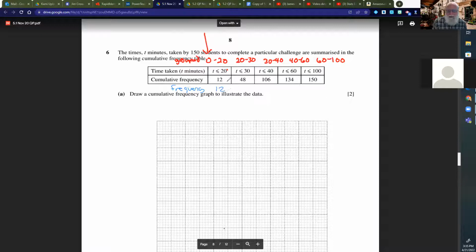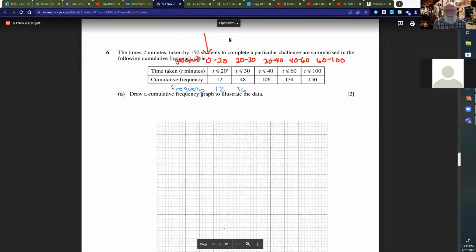Exactly. Now, what's the frequency, not the cumulative frequency, but the frequency for 20 to 30? That would be 36. Because it's going to be 48 minus 12, right? Mm-hmm. This number includes the number in this group plus the 12. So 36 plus 12 equals 48.